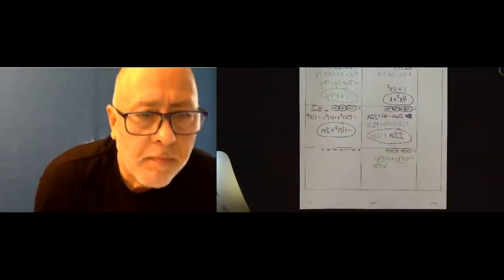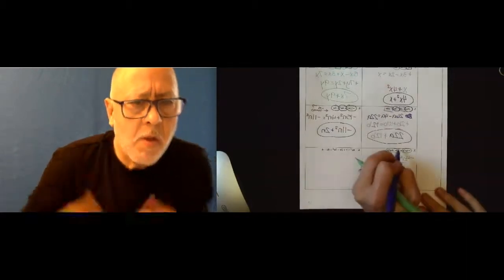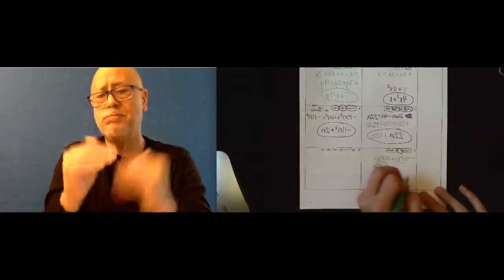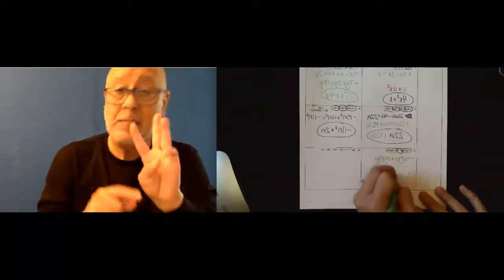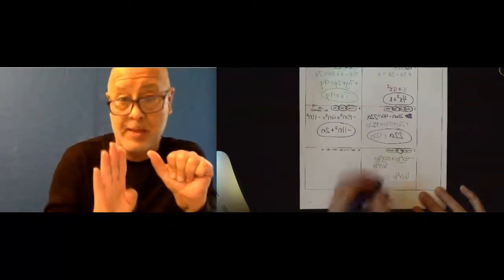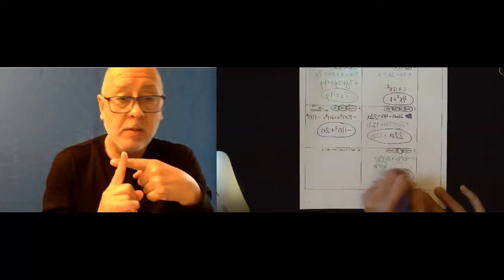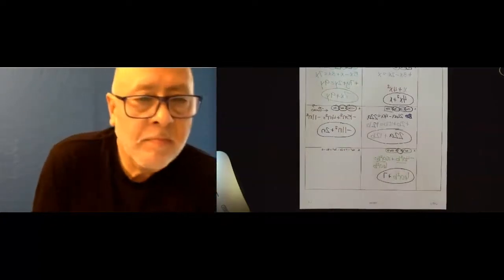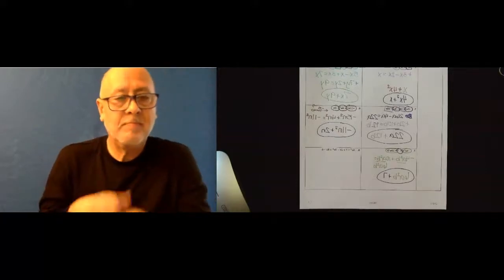Now, we have this plus 7 piece. It can't be combined with anything, so it can just be brought down. So my answer is going to be 6a squared b plus 7.